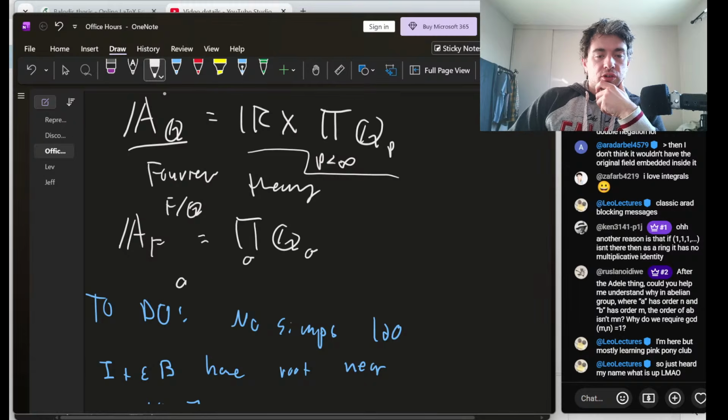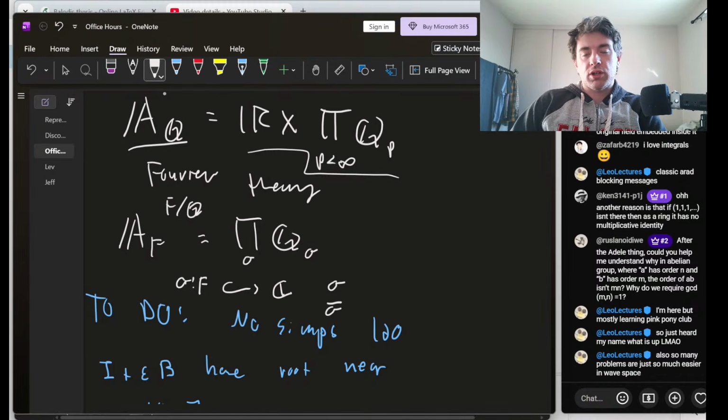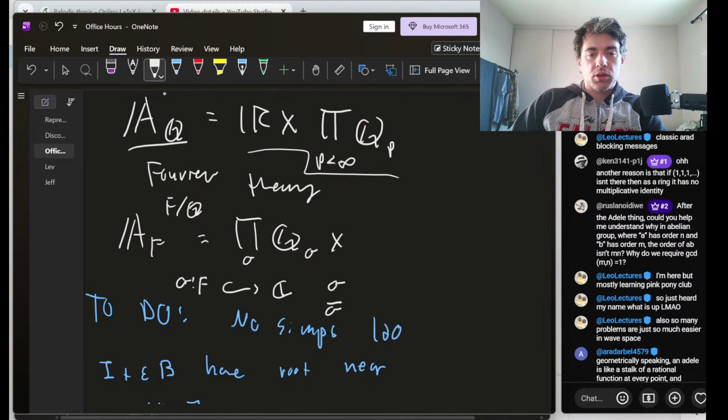So that's all embeddings of your number field into complex numbers. Well, you only take one of each of the real embeddings, but all the complex embeddings come in complex conjugate pairs, and you just pick one of those.